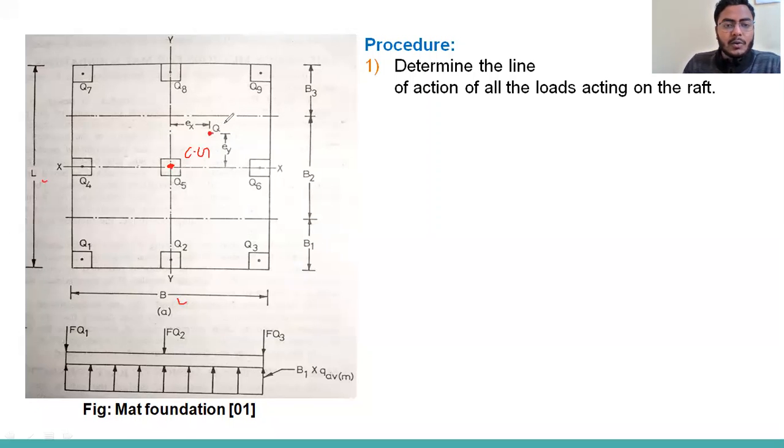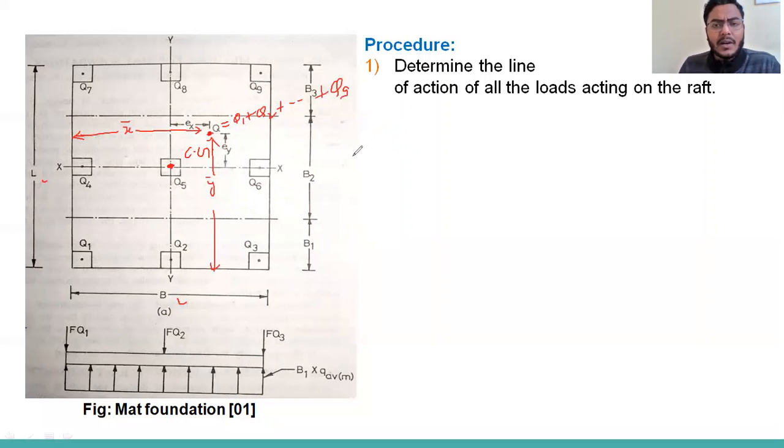We can write the summation of all 9 loads, Q1 plus Q2 up to Q9. We'll find the position. How can we find it? We can first calculate X bar, then we can calculate Y bar.